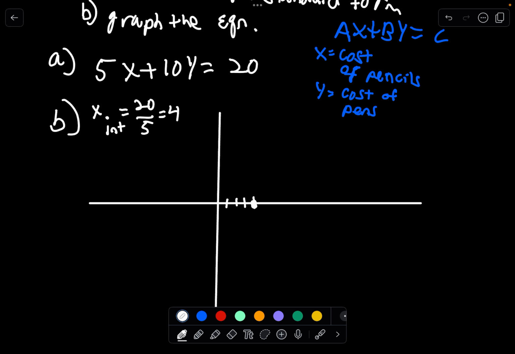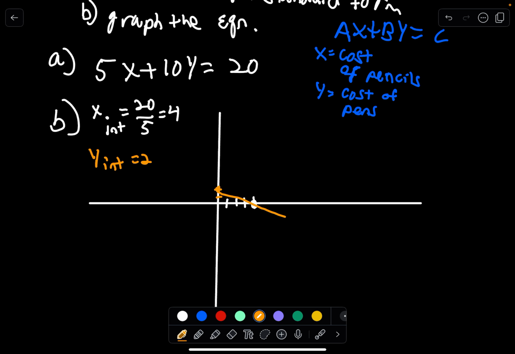The y-intercept, let me use a different color. That's where x is 0, and you kind of ignore the x. And you have 10y equals 20, or y equals 2. So you got 2 points.